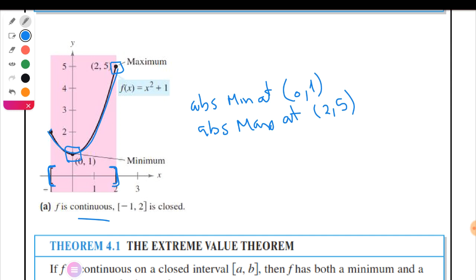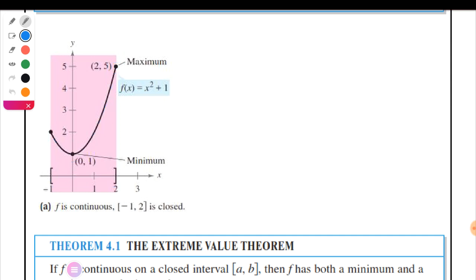Okay, I write the full phrase for minimum and maximum, but later I will write without it.